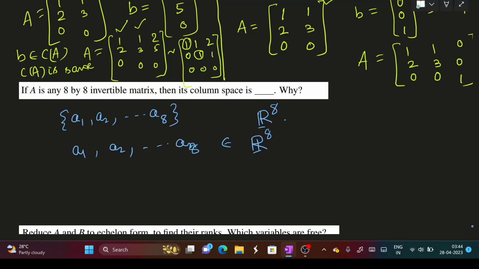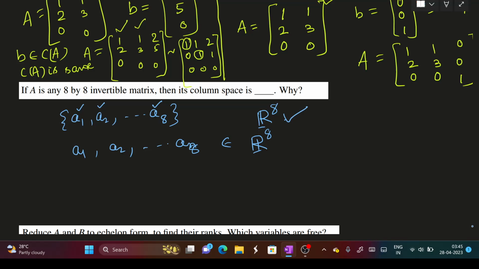So I have 8 vectors which are linearly independent in a vector space having dimension 8. So that's why they form a basis for R to the power 8. That means their span, the span of these columns, is the column space of A. So the columns are forming a basis for R to the power 8.